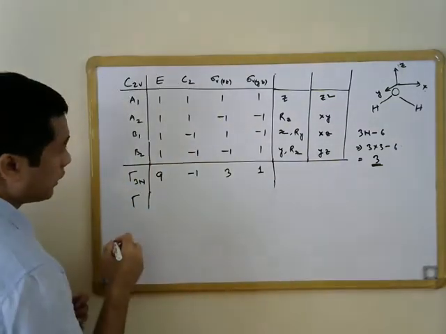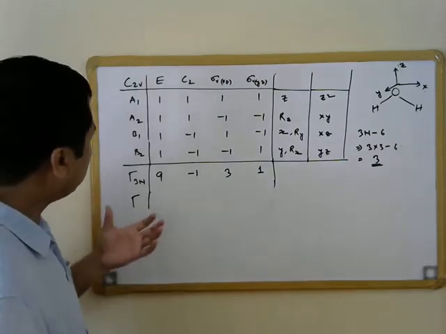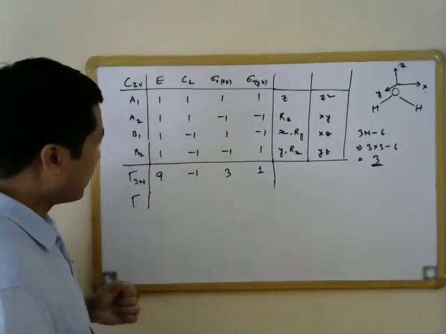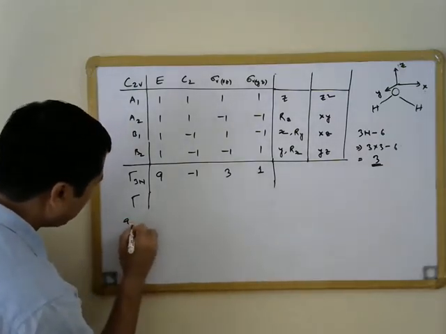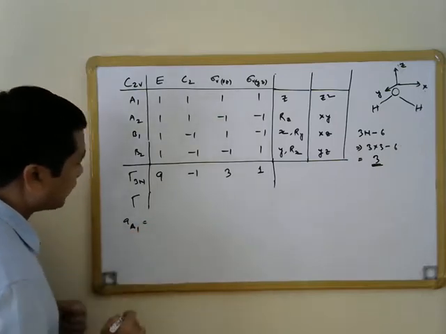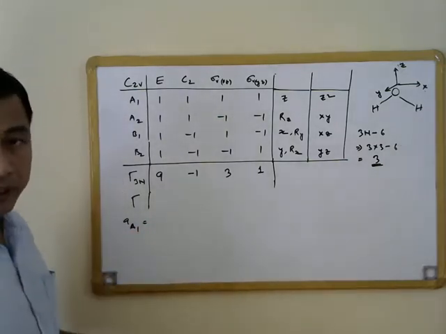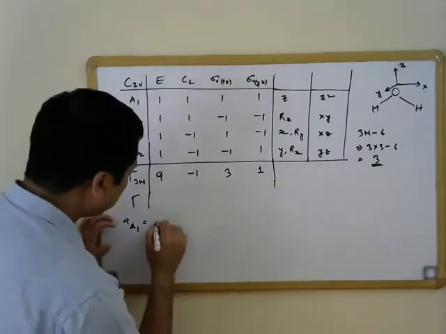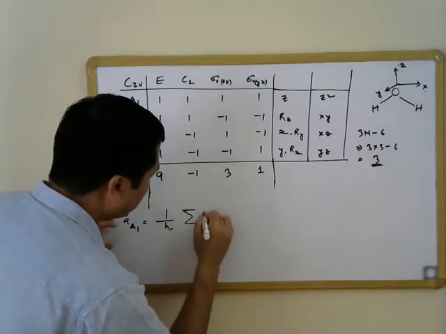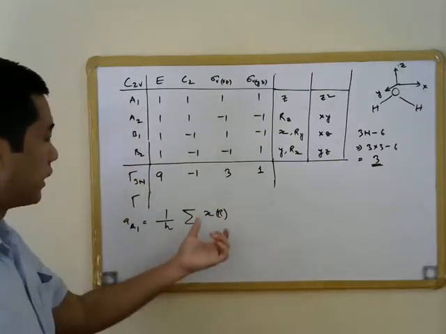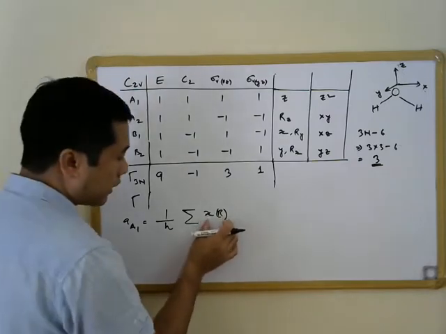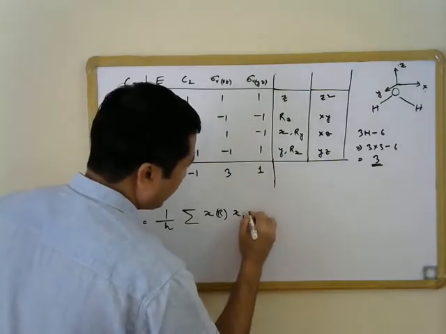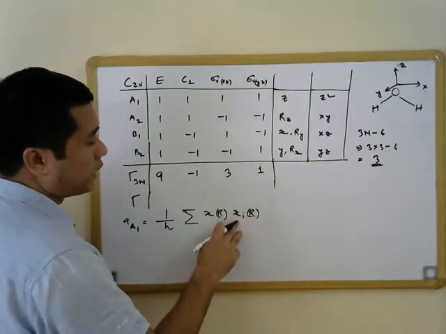Now what we can do is find out how many times each of these irreducible representations appear in gamma 3n. We can do that by using the formula that we have derived for finding out the number of times a particular irreducible representation appears in a reducible representation. That is, we need to take 1 by h, then chi R, the character of a symmetry operation in the reducible representation, and the character of the same operation in the irreducible representation.